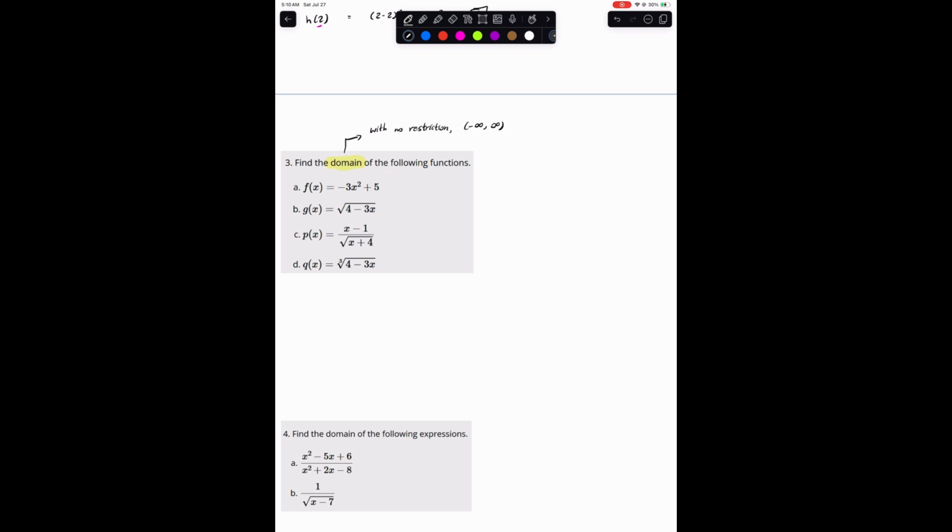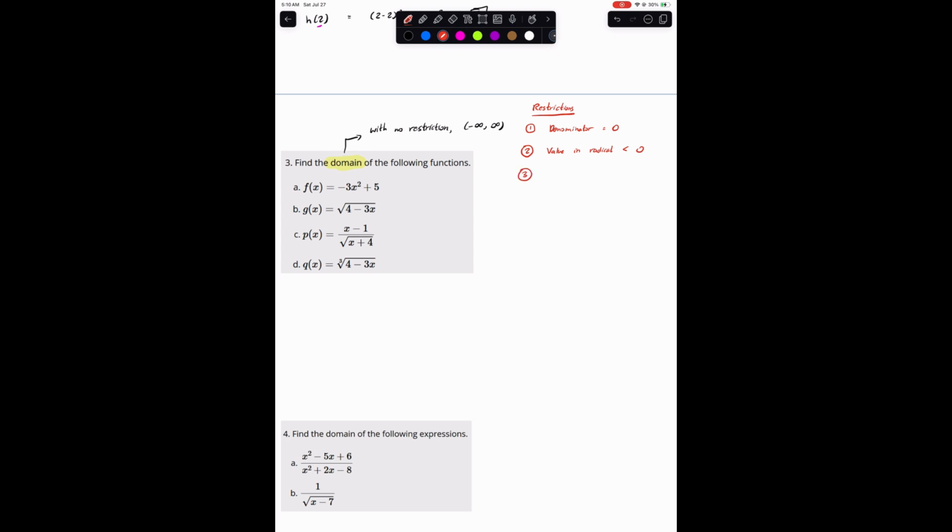But our restrictions tend to fall under three categories. First is the denominator equaling 0. The second one is the value in a radical being negative, so less than 0.